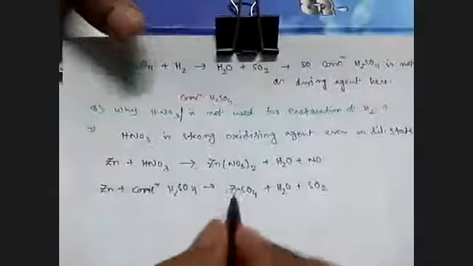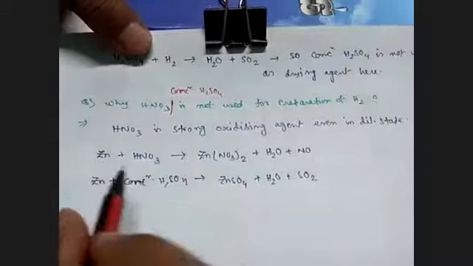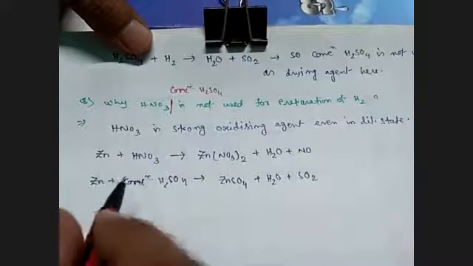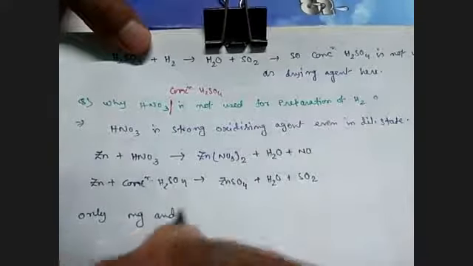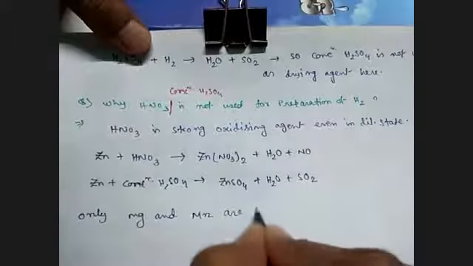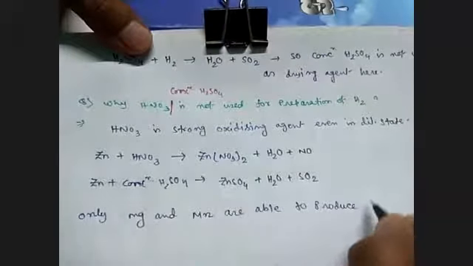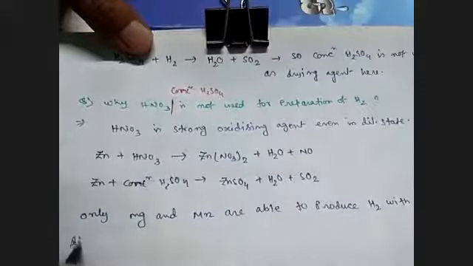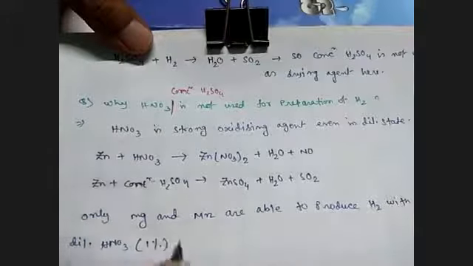Only two metals are able to produce hydrogen by reaction with nitric acid, and only when the nitric acid concentration is very dilute. Remember, only magnesium and manganese are able to produce hydrogen gas with very dilute nitric acid, that is 1%.